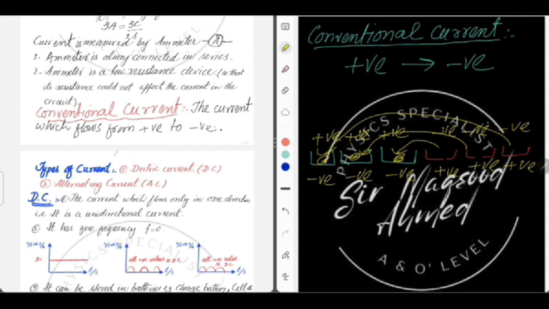So in a current, actually the electron flows, and electron always flows from negative to positive. This causes the deficiency to shift from positive to negative. If we focus on the flow of deficiency, that is our conventional current. In simple words, the shifting of deficiency is our conventional current, which took place from positive to negative.